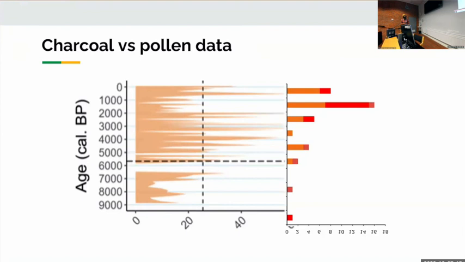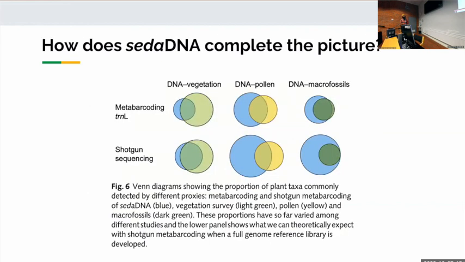As we can see down here near the beginning of the Holocene, pollen does not detect local populations, whereas charcoal data does. So we have an increase in resolution, but a decrease in the number of samples. What we hope is that sedimentary DNA will come right there and complete the missing links between both.